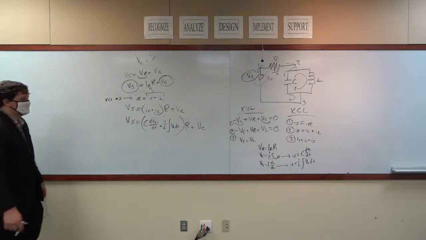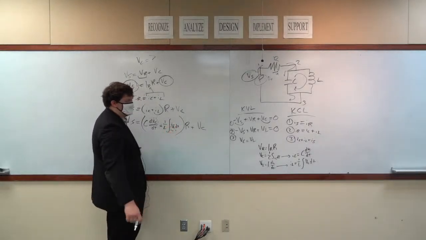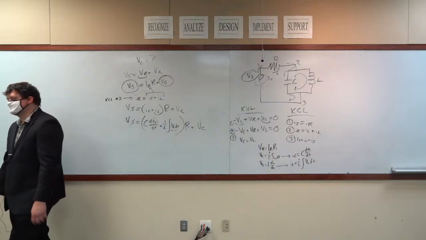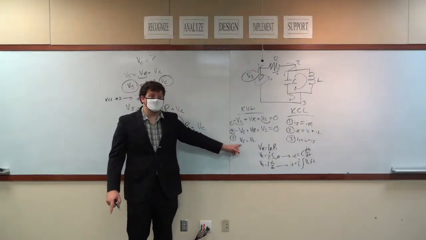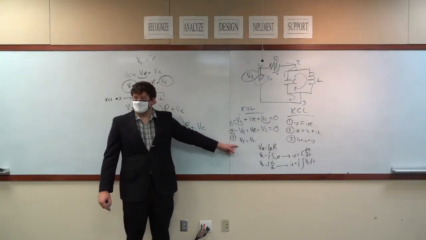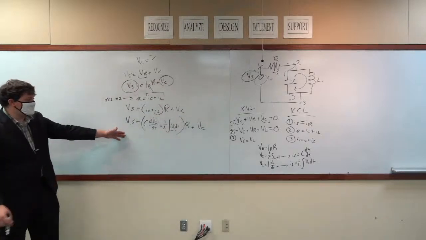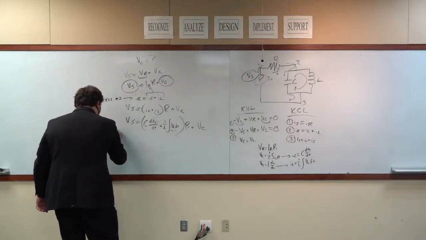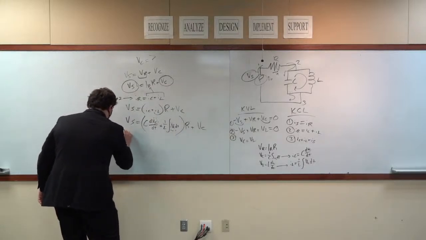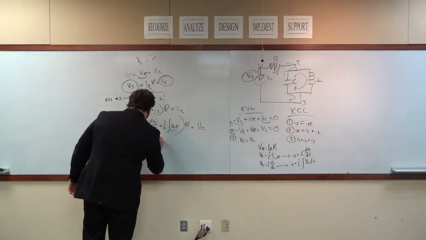Do we have any relationships between VL and VC? Huh? They're equal. We have equation number 3 down here. They're equal to each other. So we are closer. All we have to do now is bring in KVL number 3, which is VC equals VL.